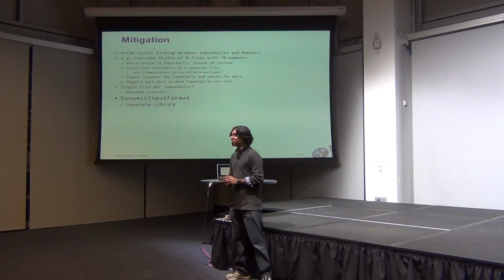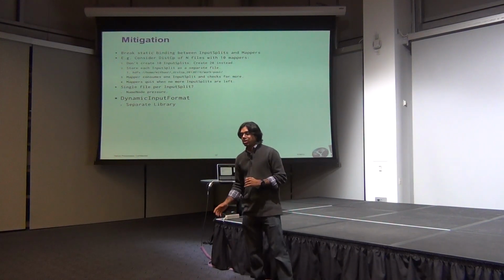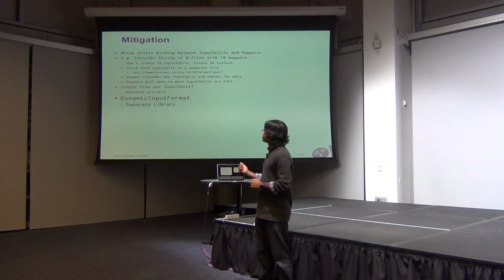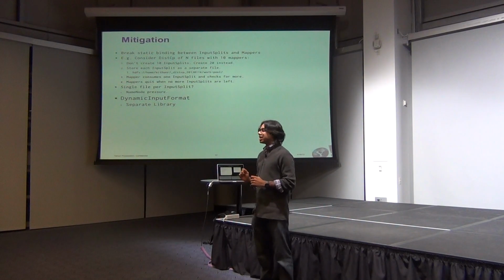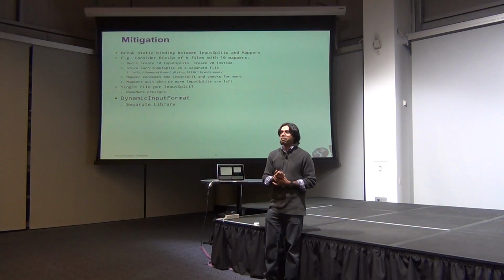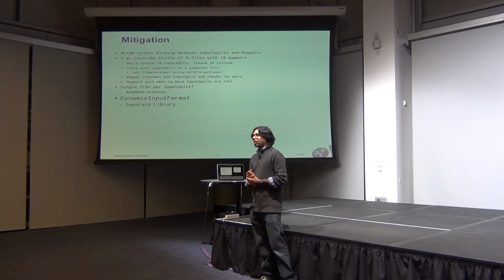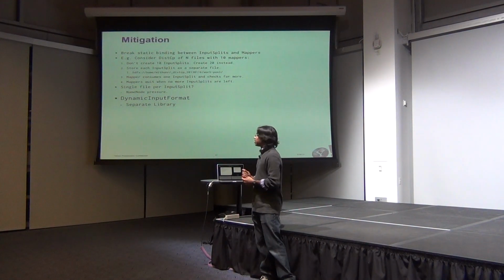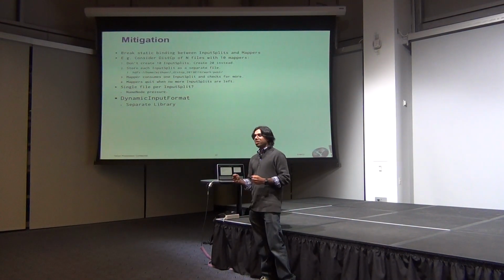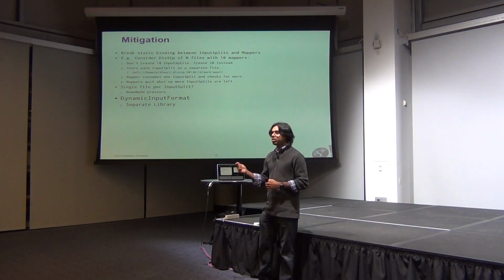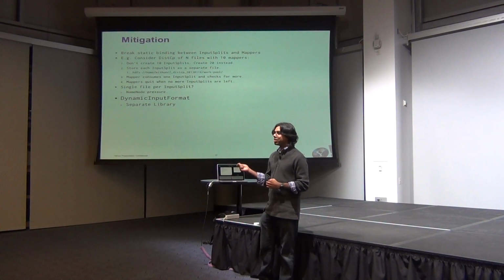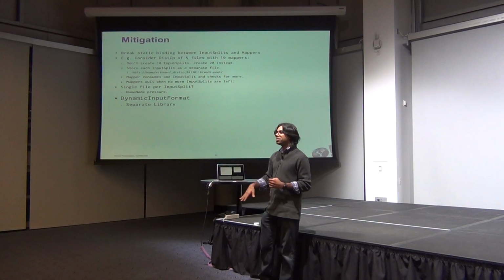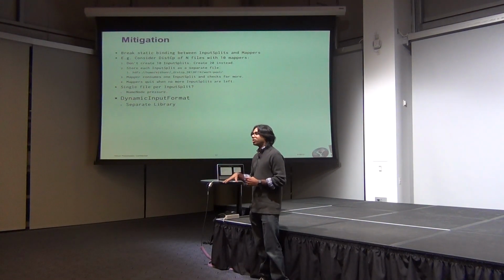The calculation for something like this, we have formalized into an input format called the dynamic input format. This is written in a manner that's independent of file copy, so you can technically use this as a separate MapReduce library and not use it necessarily in the DistCp context.